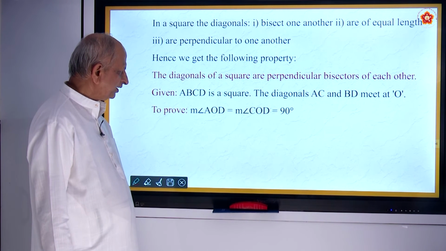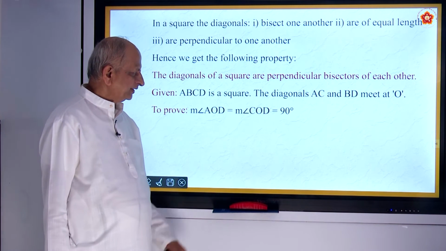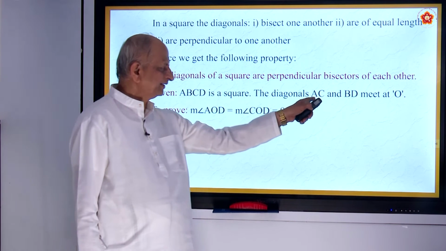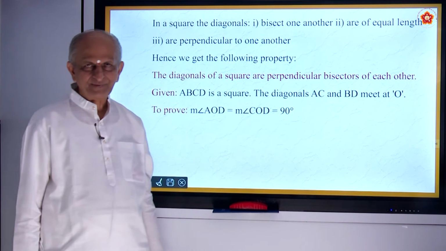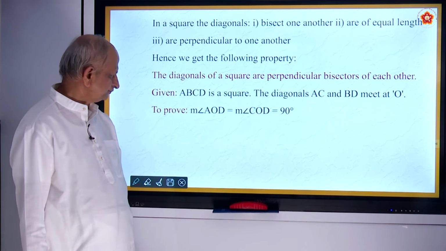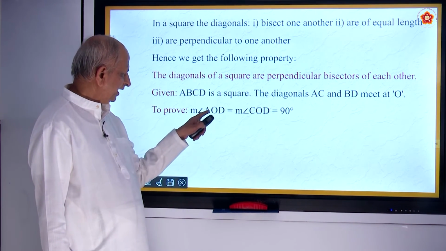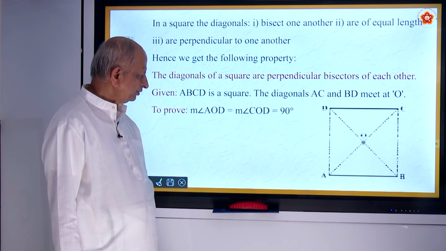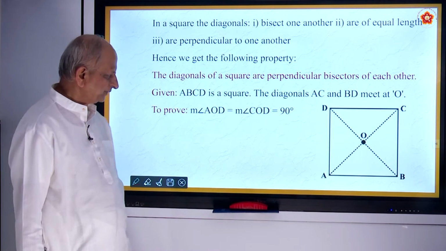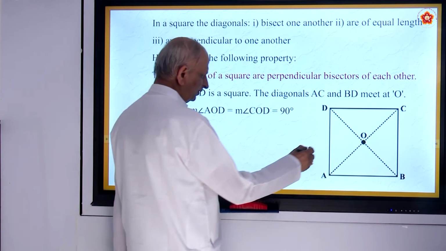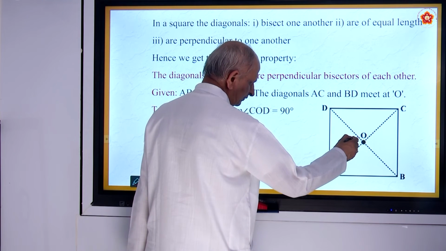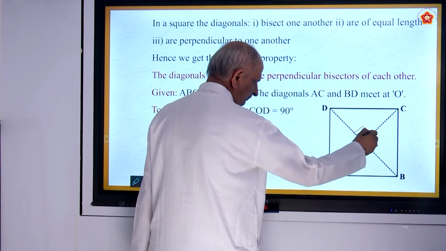So, we have a square called ABCD, in that there are two diagonals, namely AC and BD. They meet at O. You have to prove that angle AOD is equal to angle COD is equal to 90 degrees. See here, AOD is here, COD is here.